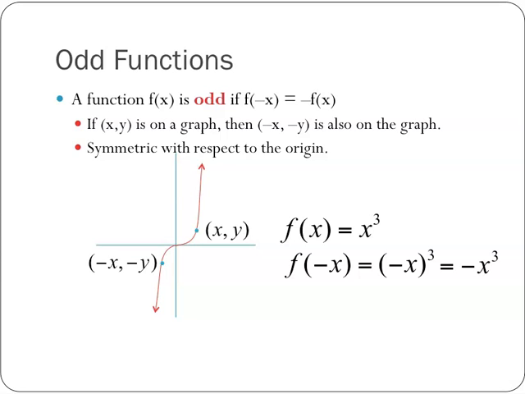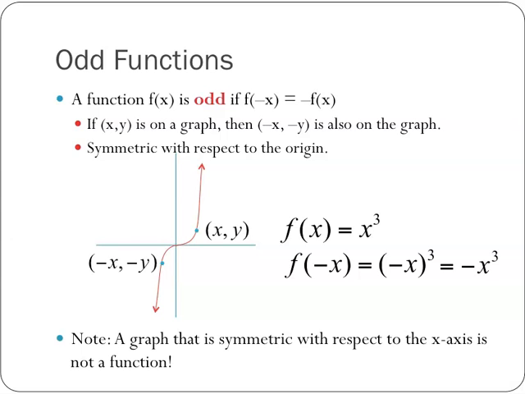Now what's wrong with that? What's wrong with that is that if you had that to be the case, then whatever you're working with would not be a function. So if that helps you kind of remember the symmetry aspect here, an even function, symmetry with respect to the y-axis, odd function, symmetry with respect to the origin. Neither of them can have symmetry with respect to the x-axis, otherwise it won't be a function.